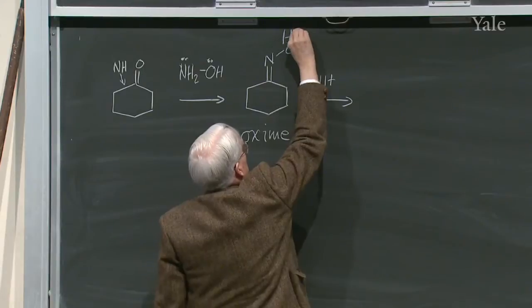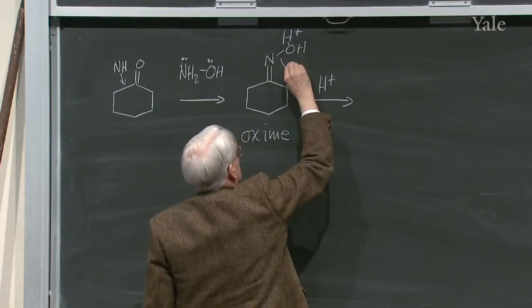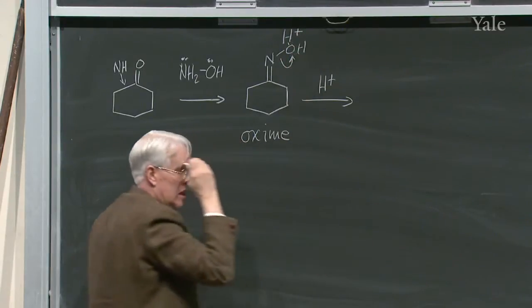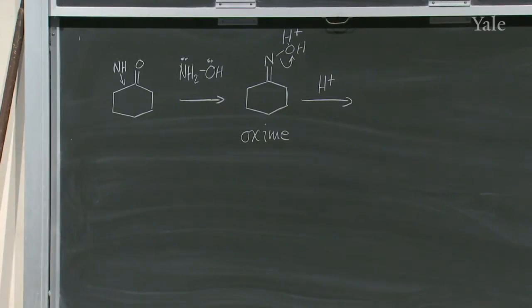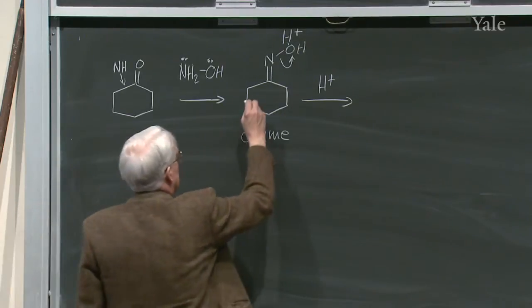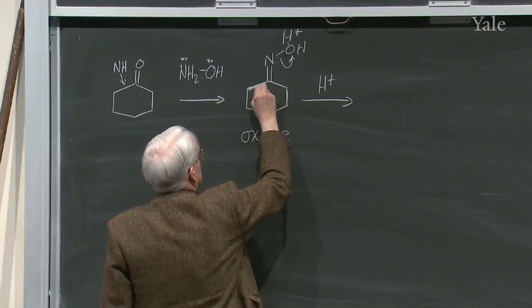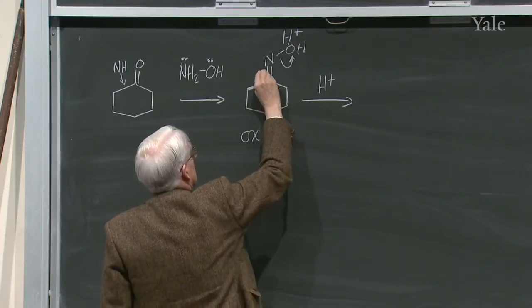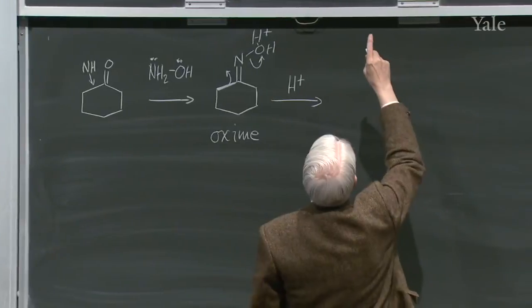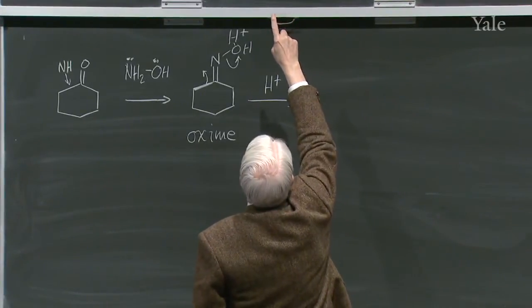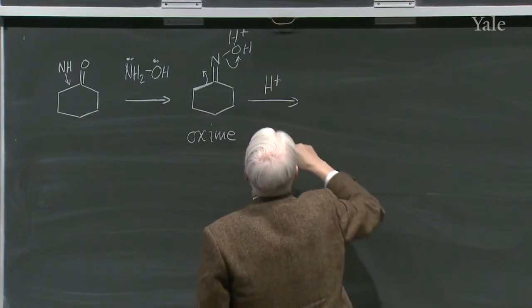And now we have a leaving group. But N plus doesn't look like such a very good cation. So in fact, what you use is the electrons here. These electrons shift up. So it's very much like the R minus or R plus, if you wish, shifting in that case.